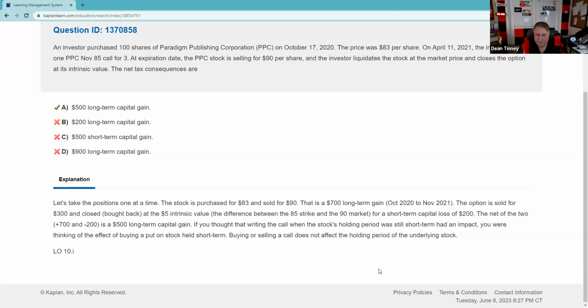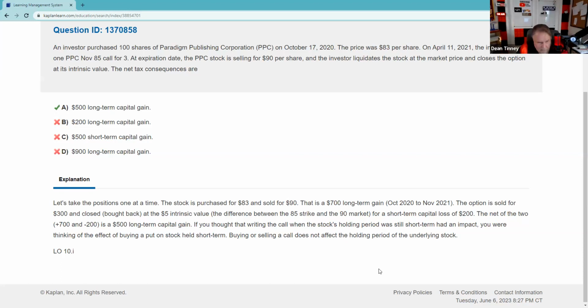If you buy the put, that would interrupt the holding period, but a call does not interrupt the holding period. If this had read that on April 11th, 2021, the investor bought a PPC November 80 put at 3, then it would be a different question, because you're no longer at risk.